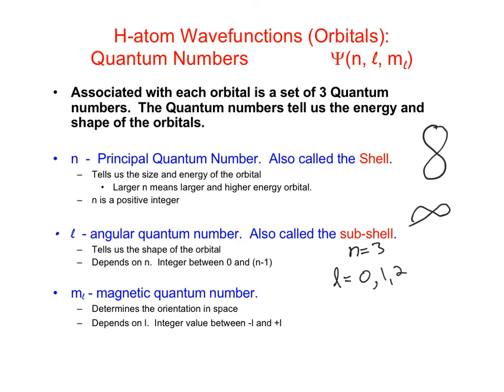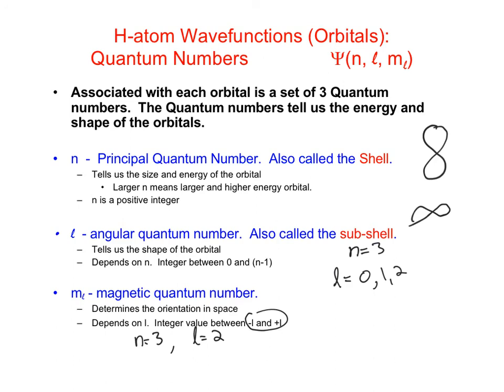And so just like the quantum number l depends on the value of n, the values of m sub l depend on the value of l. So, for example, if you tell me for a given electron that n is equal to 3, and you tell me that l is equal to 2, then m sub l can have any integer value between minus l and positive l.